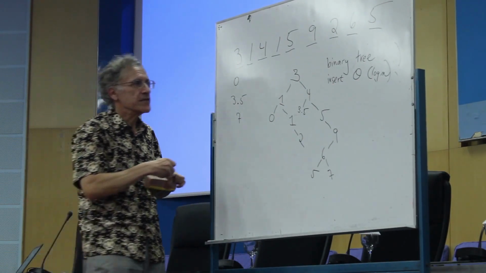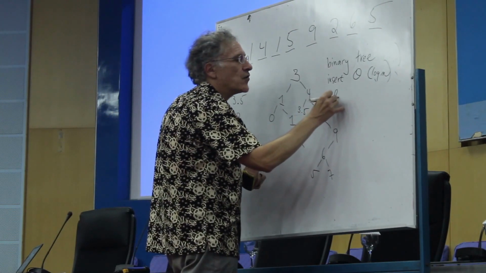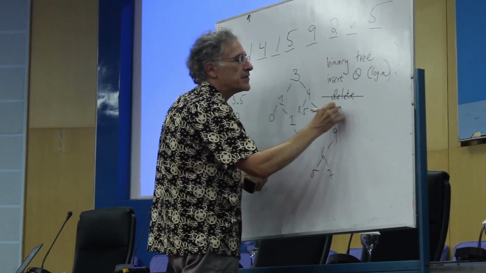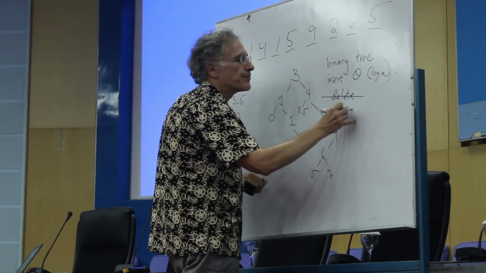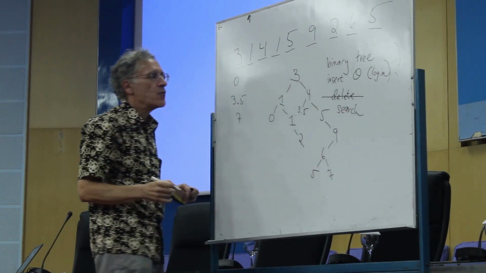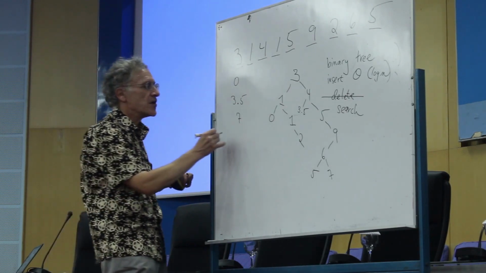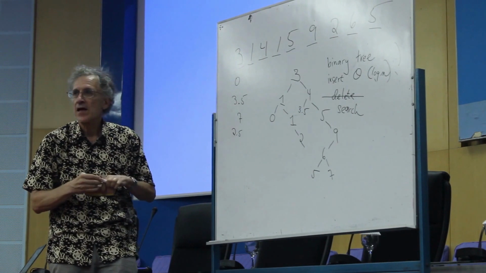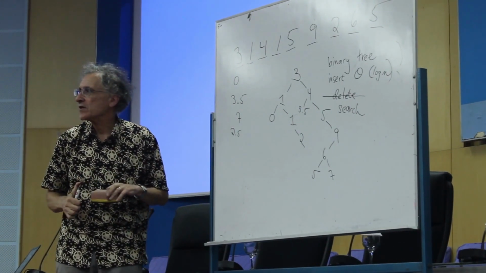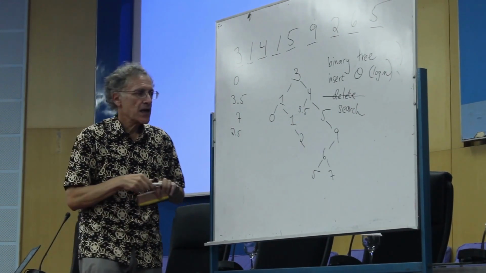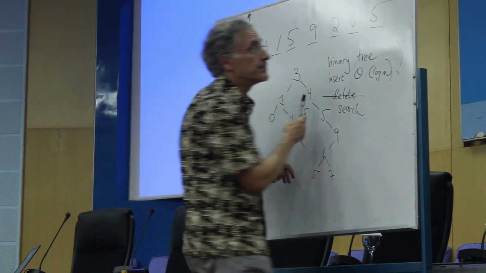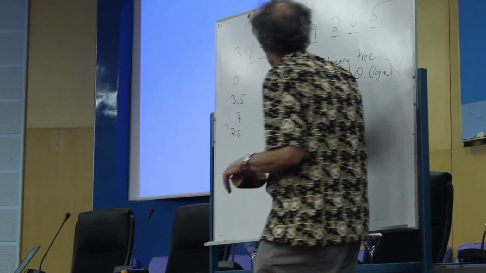Well, there is insert. There is delete, although I don't want to discuss delete. But there is also search. I want to ask, is the number 2.5 in the tree? How do I answer the question? I begin at the root. And I say 2.5.